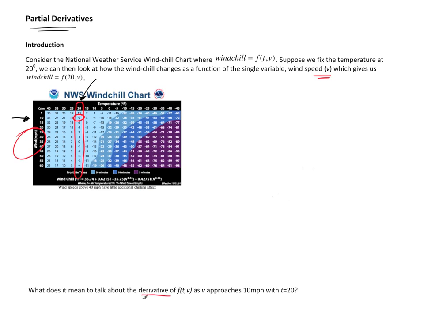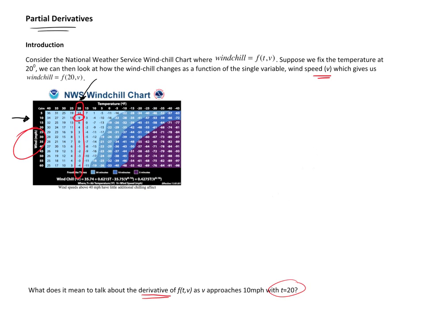But remember, the idea of a derivative is that of the rate of change. So what's the rate of change in wind chill as the outside wind speed approaches 10 miles per hour, given that the outside temperature is fixed at 20 degrees? What's actually the meaning of that?